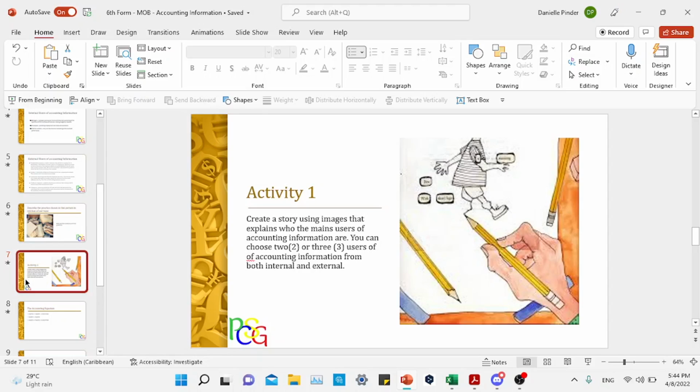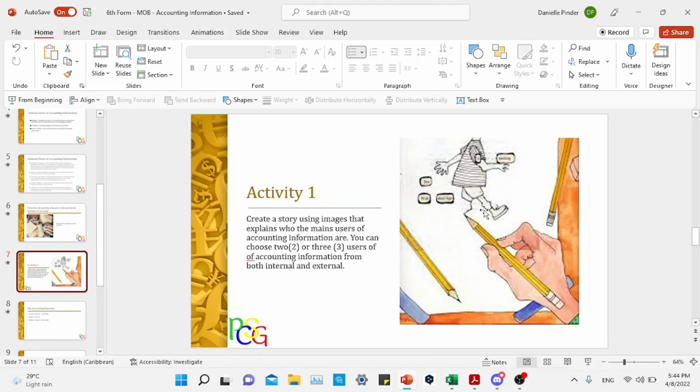I want you to actually create a story, right? By using drawn images to explain the main users of the accounting information. So for example, if you see this picture, you see that this person had drawn a boy, so it seems.